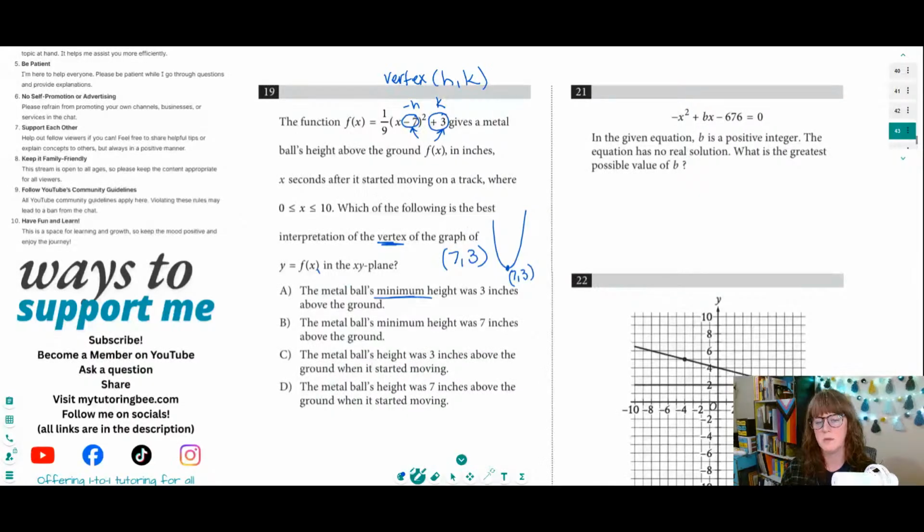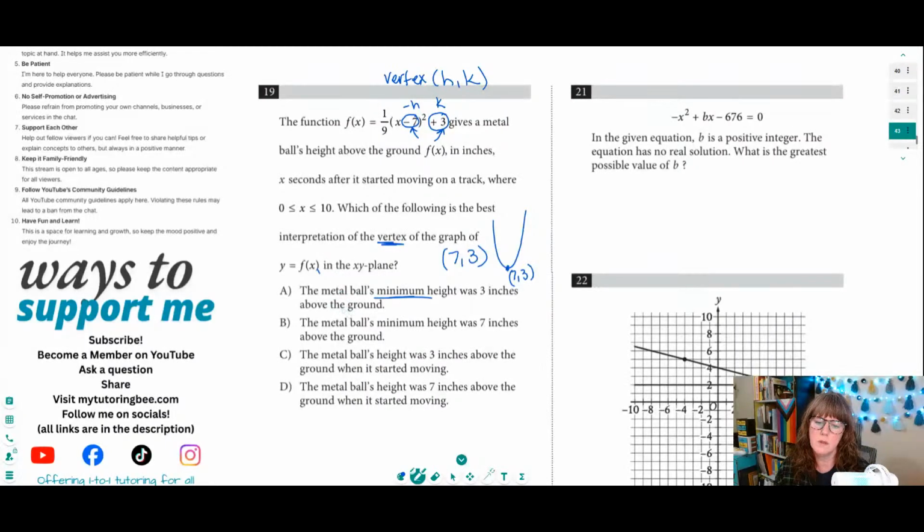The metal ball's minimum height was 7 inches above the ground. The metal ball's height was 3 inches above the ground when it started moving. The metal ball's height was 7 inches above the ground when it started moving. Which of the following is the best interpretation of the vertex?